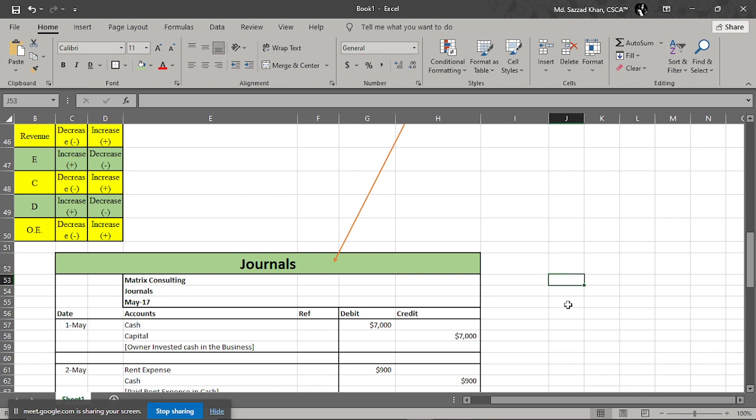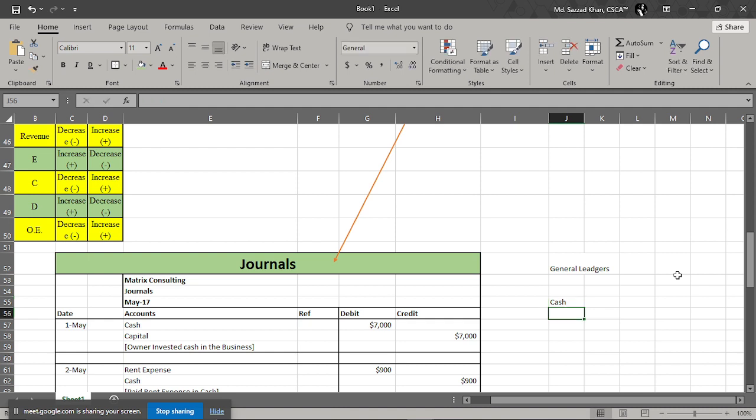First, we write the name of that account. What is the name of the first account? It was the cash account.